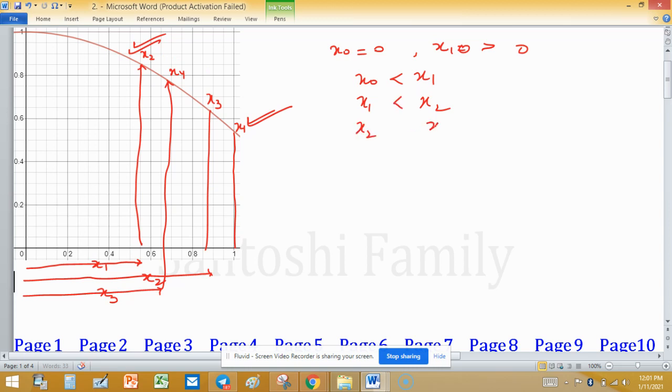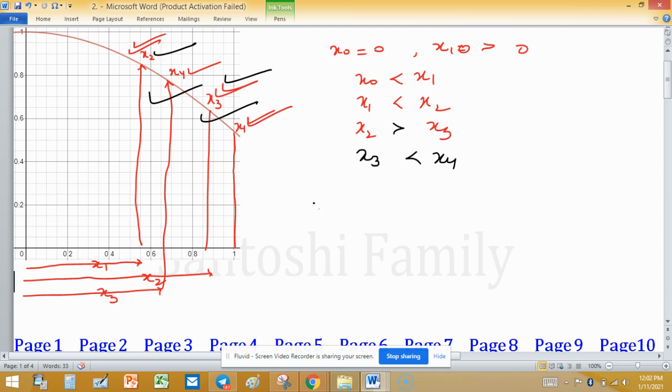And x2 and x3: this is x2 and this is x3, so x2 is greater than x3. And x3 and x4: x4 is greater than x3. So once greater, then less, greater, less. So this is a two-behaving sequence. Once this sequence increases, then decreases, then increases, decreases.